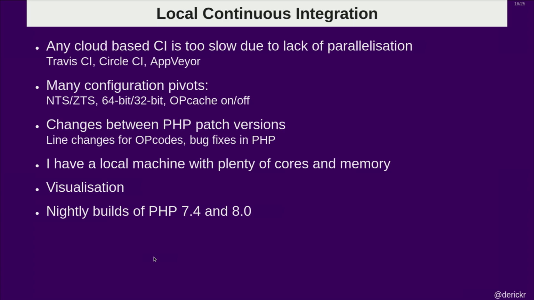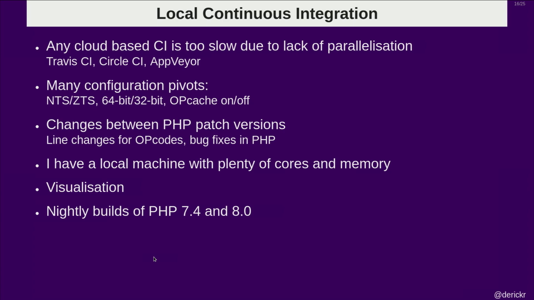Right, so the local continuous integration. I've mentioned that any cloud-based CI is way too slow due to the lack of parallelization, in any of the ones that I currently use. I use many different ones because they do things sometimes slightly better or slightly faster or slightly different, and it's always a good thing to test against as many different possibilities as I can, right? There's many configuration pivots, axes, I'm not sure what the right word for this is, so there's at least 8 configurations per PHP version.